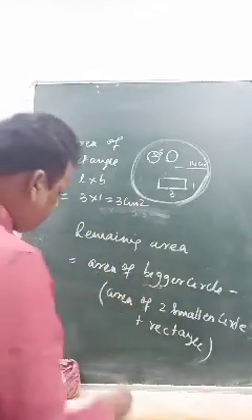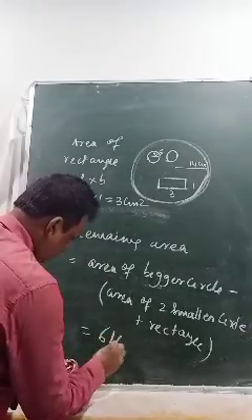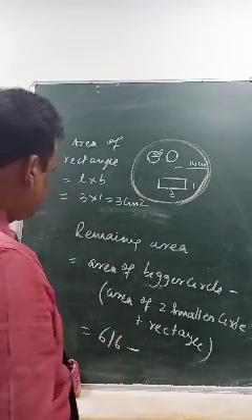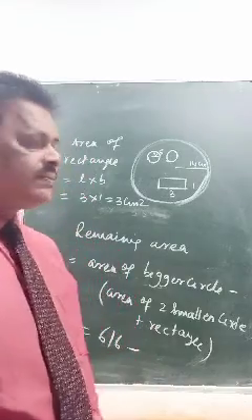Bigger circle how much? 616 minus two small circle how much?